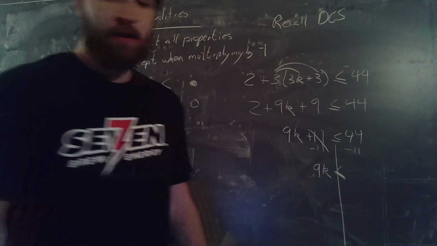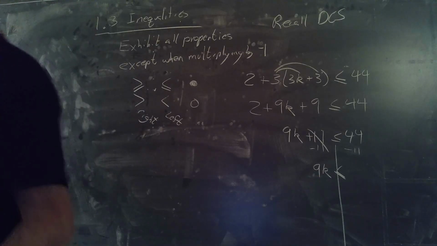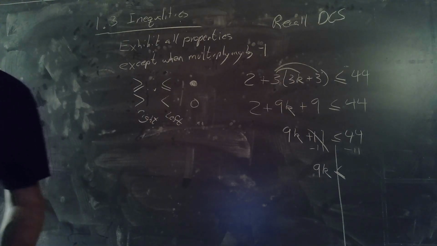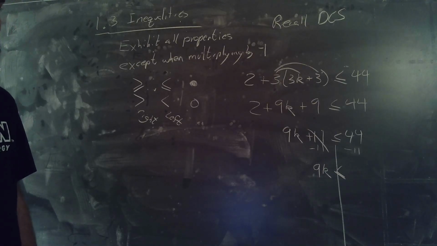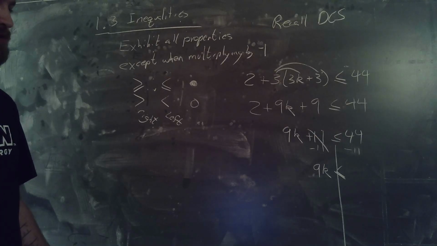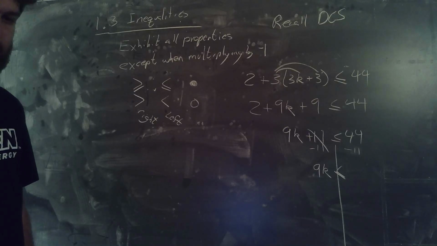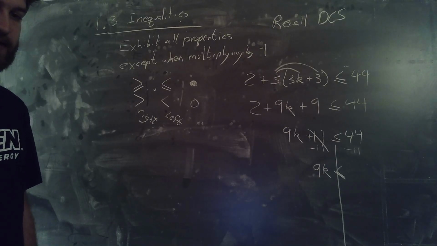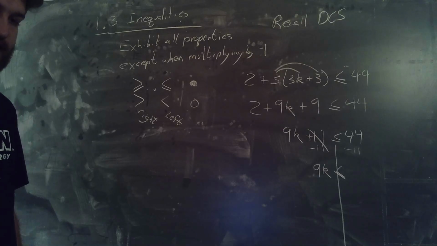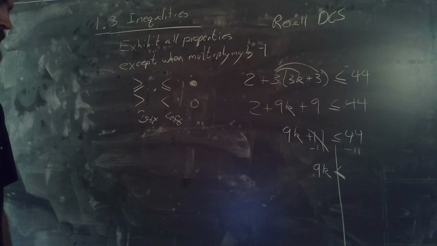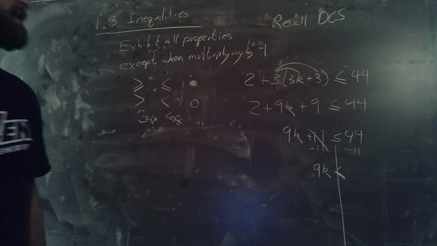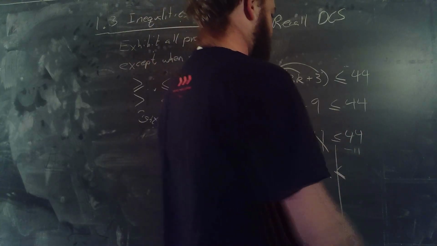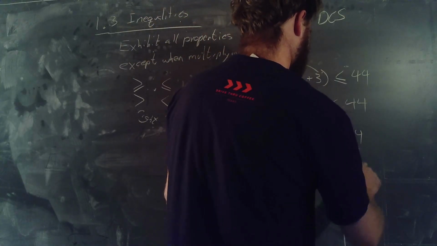I did not multiply or divide by a negative in that step, so I do not switch the direction of the inequality. And pay special attention to that. Anytime you subtract a number, that doesn't change the direction of the inequality. It is only multiplying and dividing by negatives that causes that flip to happen. So I did minus 11, but that doesn't change the direction of my inequality. On the right-hand side, I have 44 minus 11, which is 33.